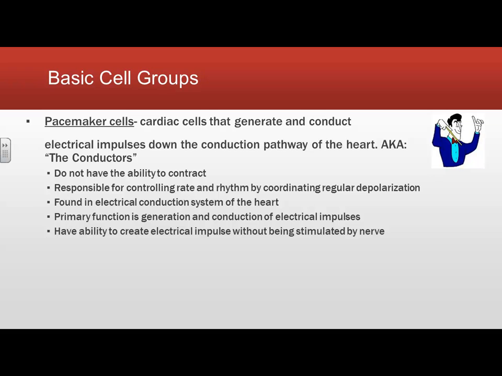Now, when we talk about contraction, you're going to have two types of contraction. You're going to have the propagation of the electrical impulse that's influenced by the influx of calcium into the cell. And then you're also going to have the mechanical contraction that is based off of the stimulus of that electrical propagation. Does that make sense?